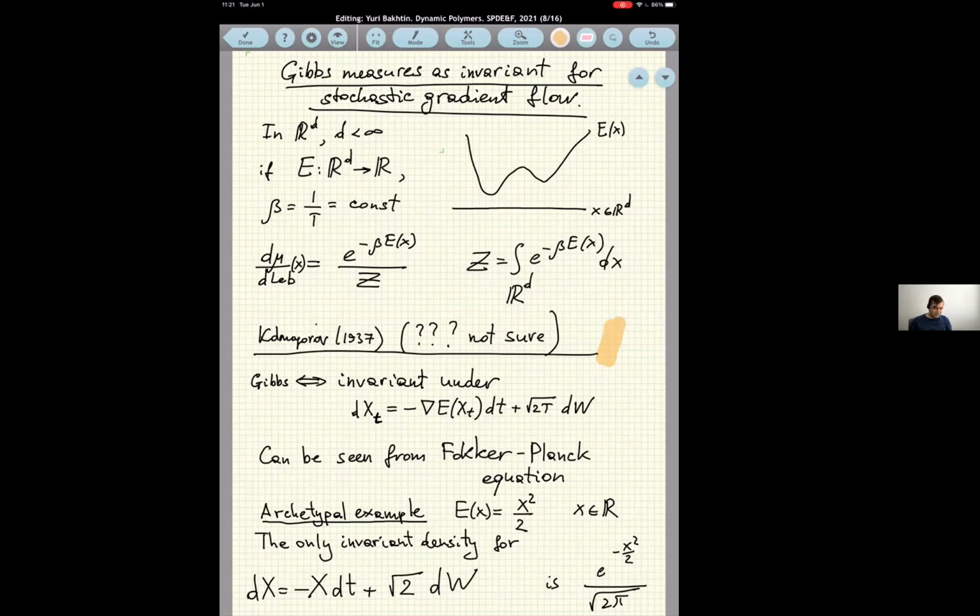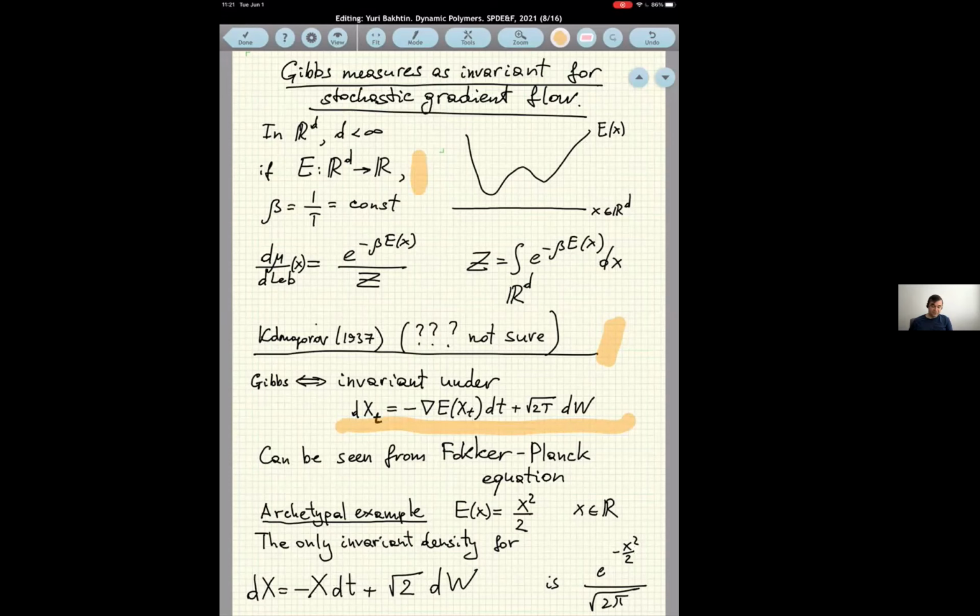So if you have some energy in finite dimensions, then you can define the Gibbs distribution, and Gibbs distributions are invariant under the stochastic gradient flow.